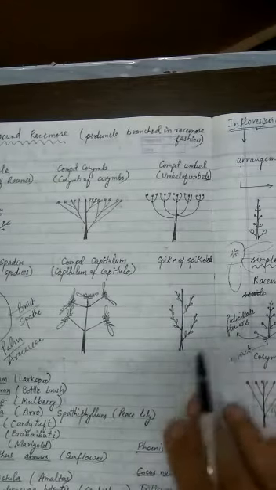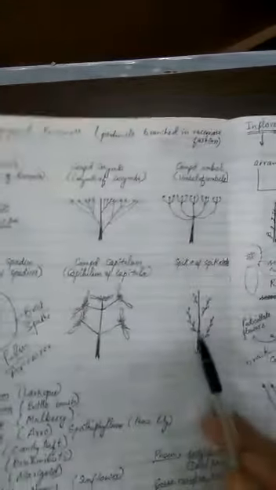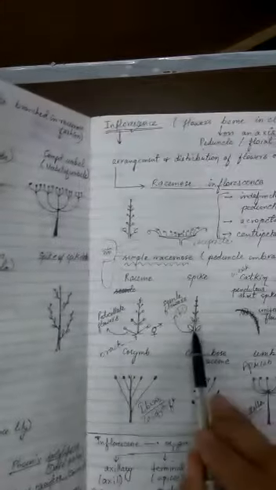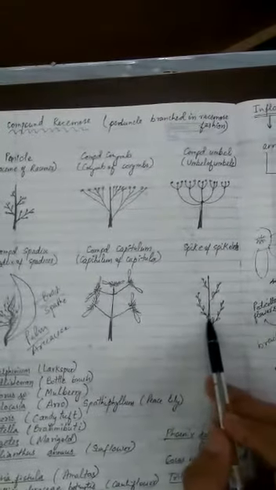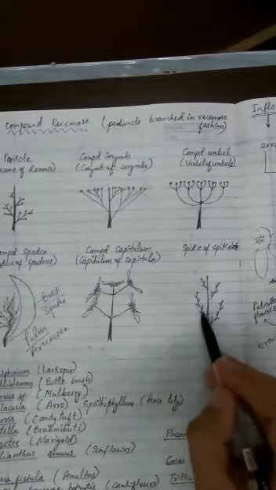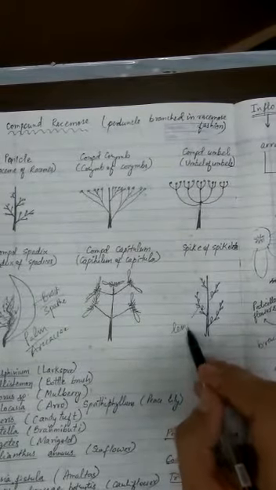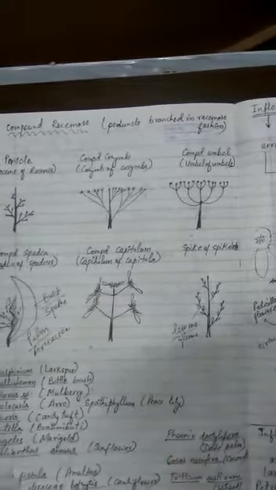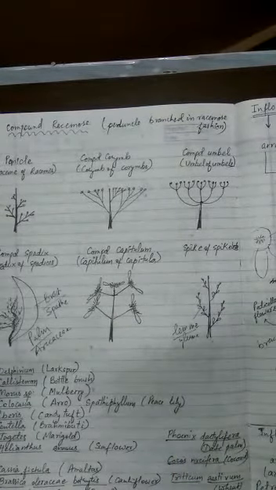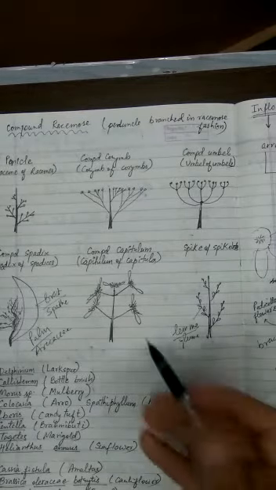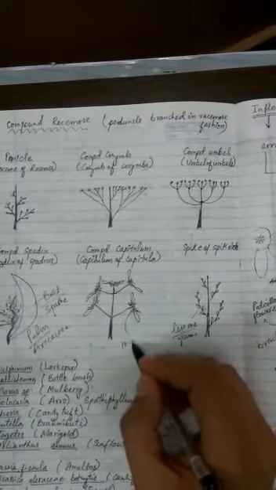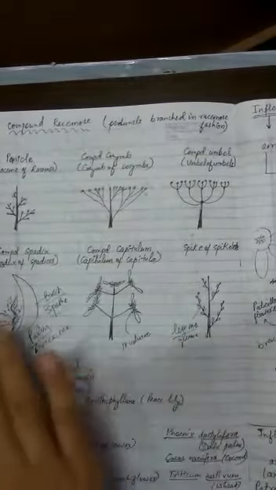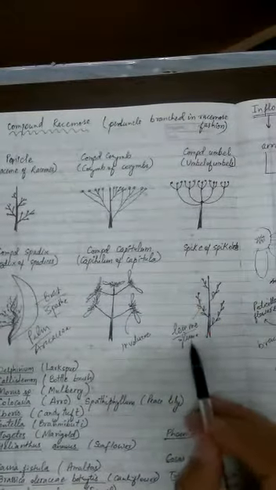It will be a spike where the axis will undergo branching, and each branch will have flowers arranged just like in the case of spike. You can see here I have drawn sessile flowers. Bracts are present. In this case the bracts are called lemmae or glumes. So remember, bracts are given different names in different types of inflorescences. Like in the case of the sunflower family, it was called involucre. In this family it is called spathe. So in different inflorescences the bracts are given different names.